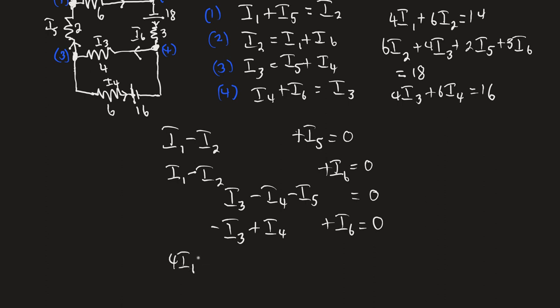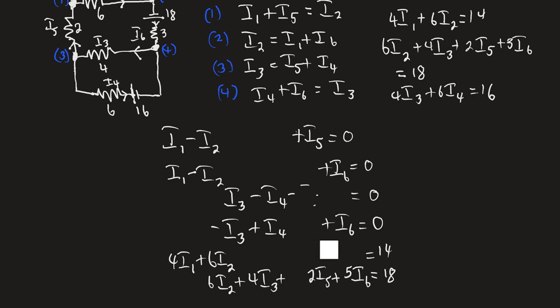And then our loop equations, so the first one is 4I1, and then plus 6I2, that's equal to 14. And then the second one, so 6I2 plus 4I3 plus 2I5 plus 5I6, that's equal to 18. And actually, no, that's not a 5.